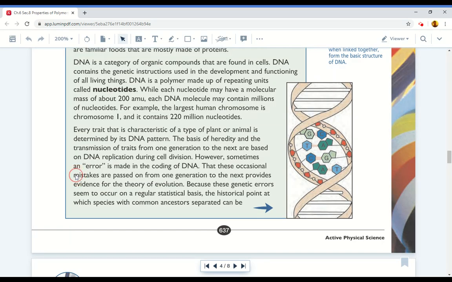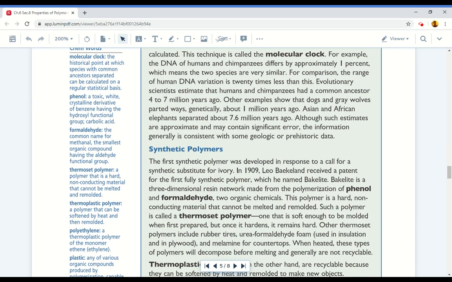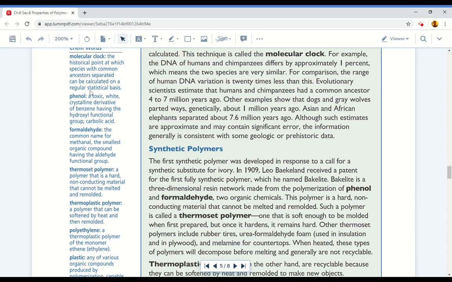That these occasional mistakes are passed on from one generation to the next provides evidence for the theory of evolution. Because these genetic errors seem to occur on a regular statistical basis, the historical point at which species with common ancestors separated can be calculated. This technique is called the molecular clock.